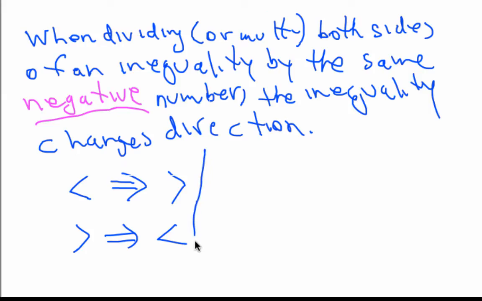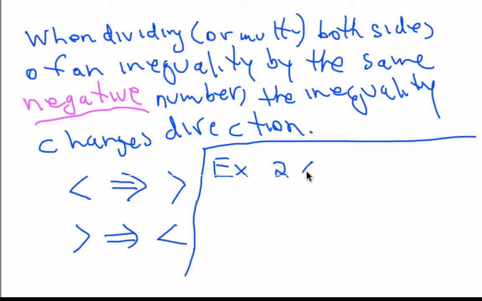I would like to give you an example to show you why we need to change the direction of the inequality symbol when we divide by a negative number. For instance, we know that 2 is less than 4. Now, if we divide both sides by negative 2, the result is negative 1 on this side and negative 2 on this side.